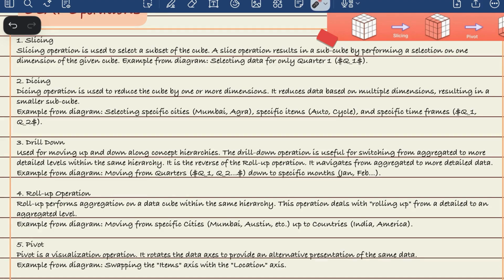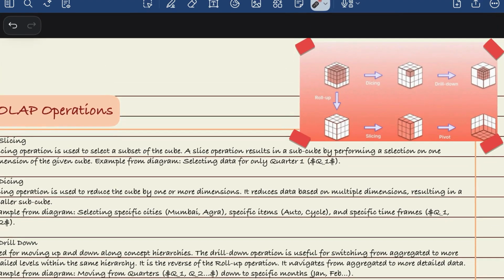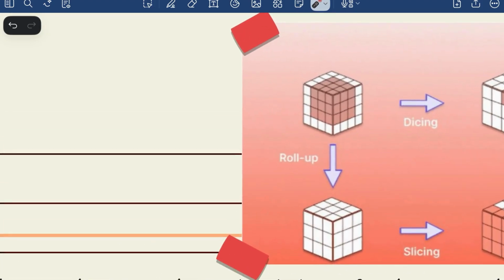For example, we want to group city level sales, to see how many sales there were in the north region. So we are grouping all these cities in the north region, and we are getting one summarized answer. So this is the roll up. We are getting one big chunk, and we are analyzing it, right?